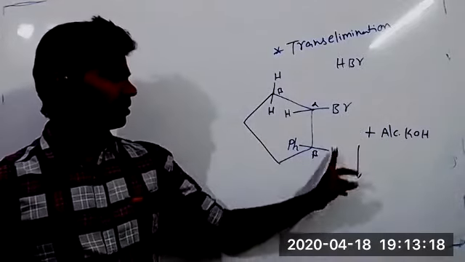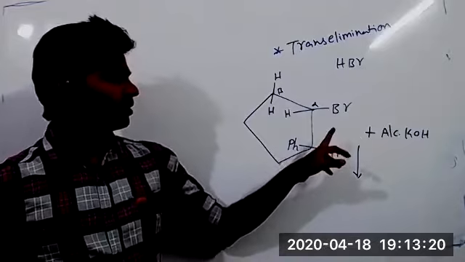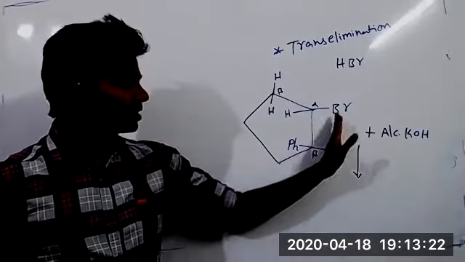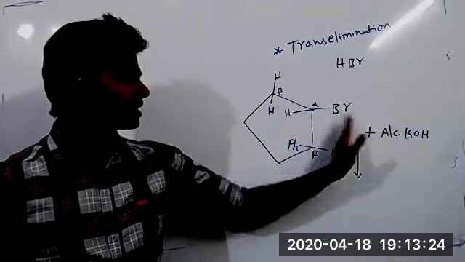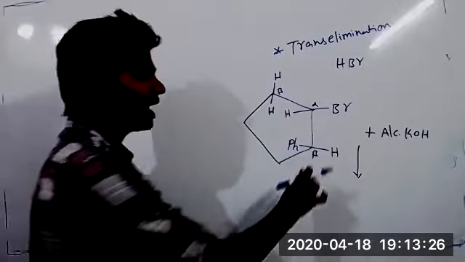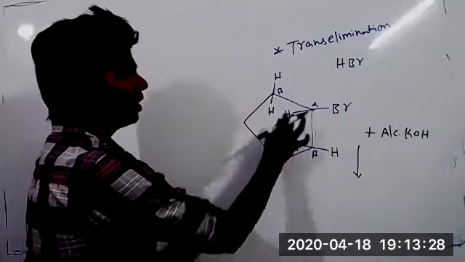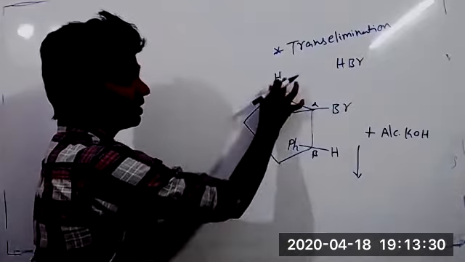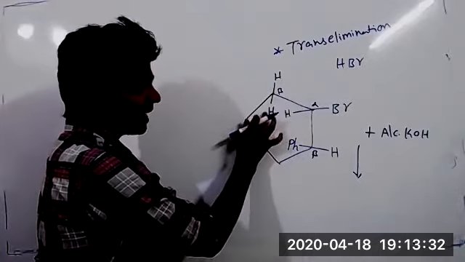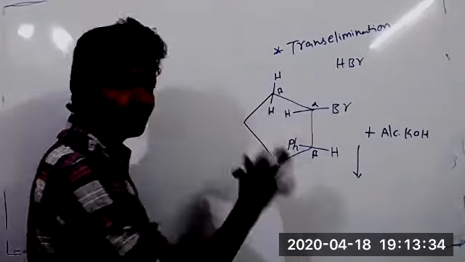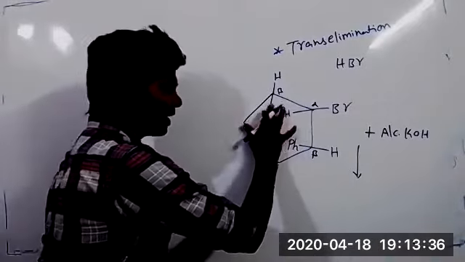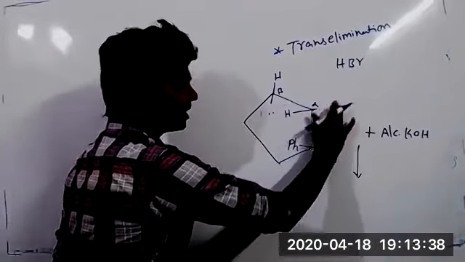Anirudh? Sir, those two are cis. Both are cis, very good. Both are on one side, so this is cis. So this hydrogen elimination is not possible. Only the trans position. Look, not this hydrogen, this hydrogen. This hydrogen and this bromine are trans to each other. That is why this hydrogen and the bromine atom here are eliminated.